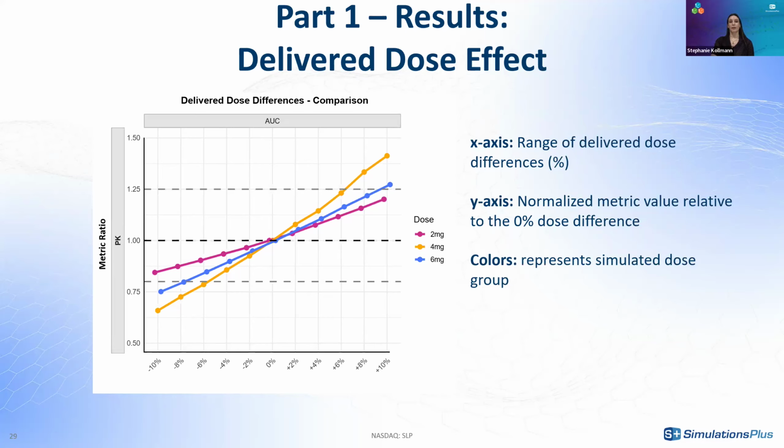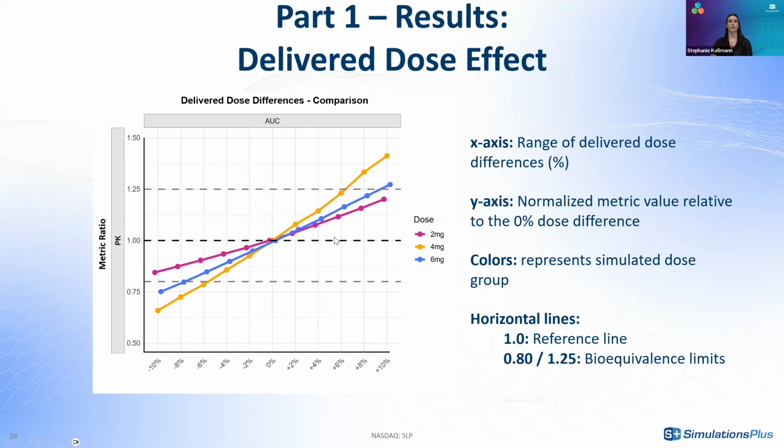The colors represent the 3 simulated dose groups, and you can also see 3 horizontal lines that help interpret the results. The black dashed line at 1 marks the reference. That's where there's no difference in AUC compared to the baseline. So if we were to see points lying on this line, it would mean that the AUC at, let's say, +10% delivered dose difference is identical to the AUC at the unchanged nominal dose group.